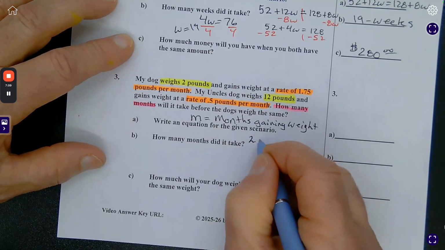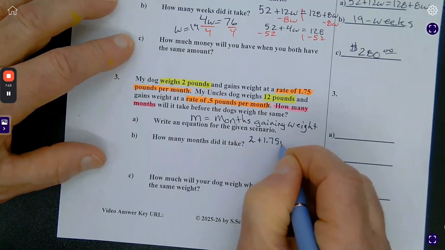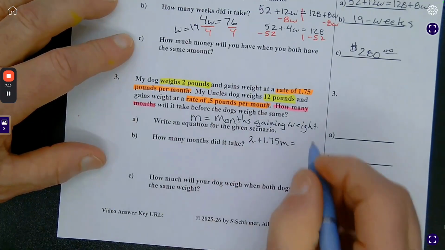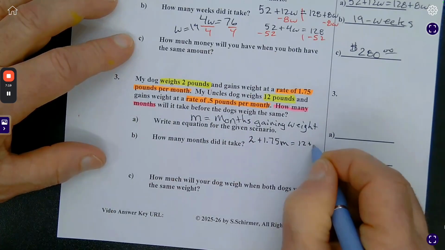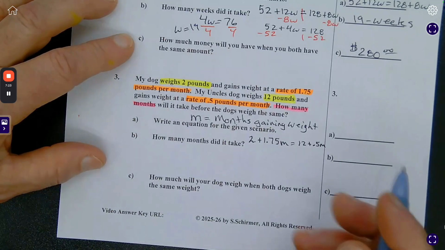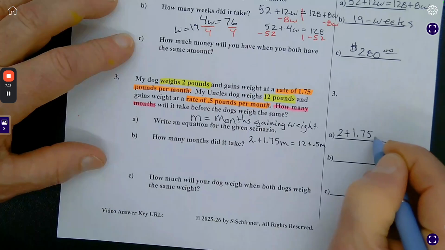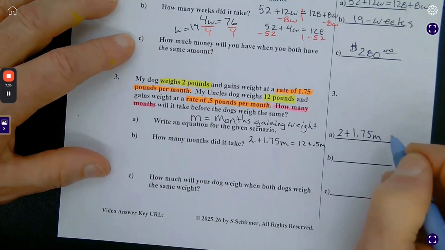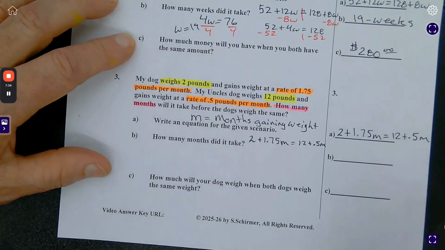And the rate, that's how it changes, so 1.75 pounds per month. That equals 12 and 0.5 pounds per month. That's my equation. So 2 plus 1.75M, where M is the number of months they've been gaining weight, equals 12 plus 0.5M.